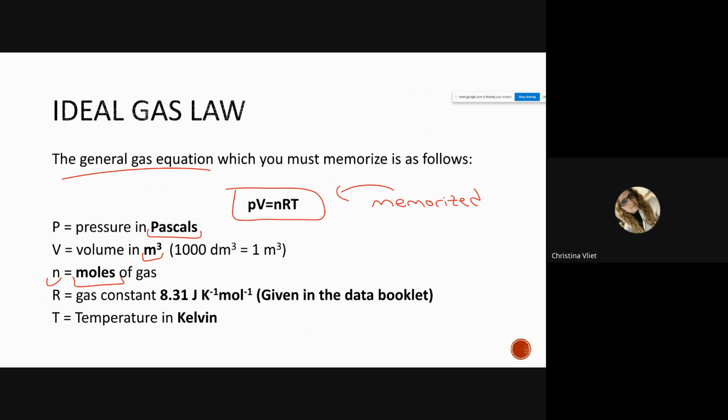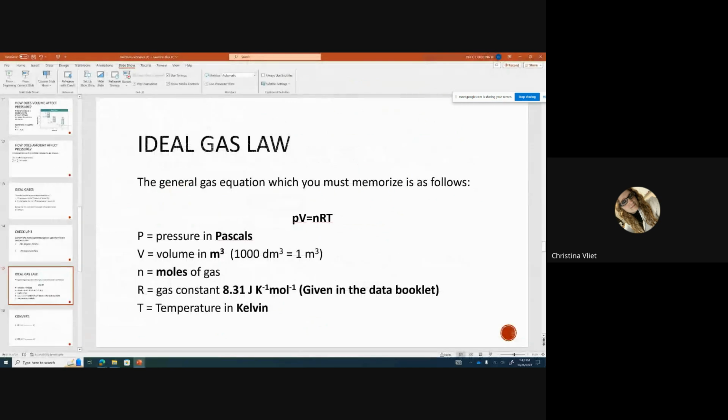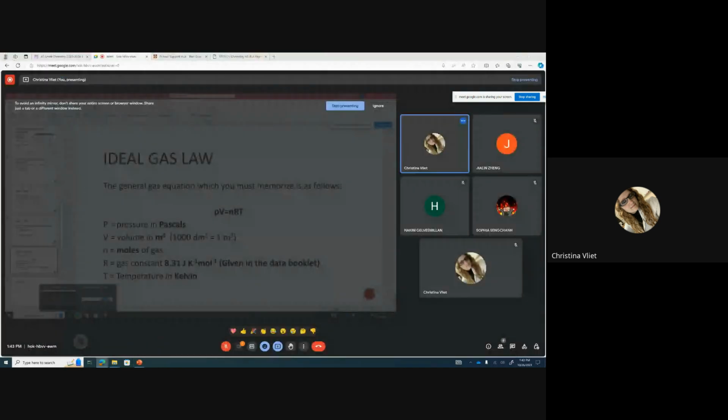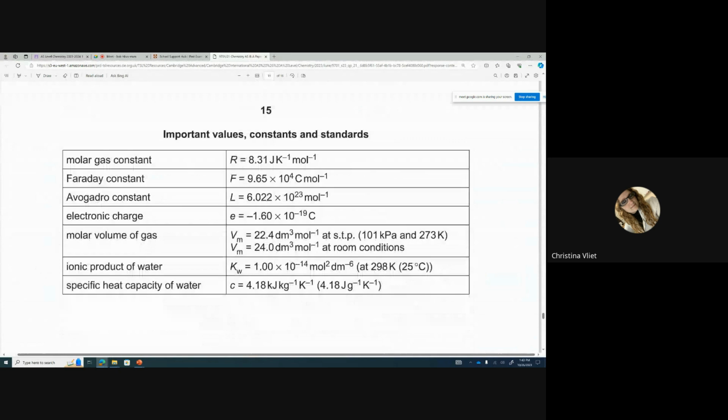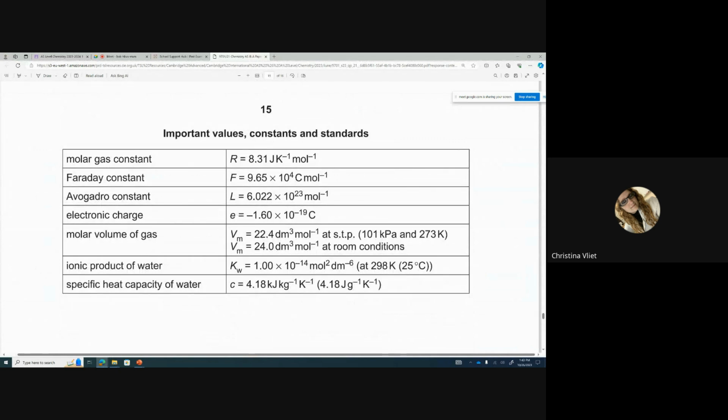R is a constant. Quick question. Does this have to be memorized? Let's check it. I did believe I showed you something here. If you know where to look for it, I will be giving you this on the next step. Is it there? Yes.